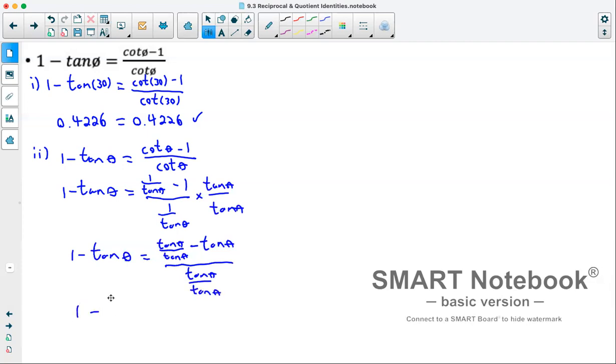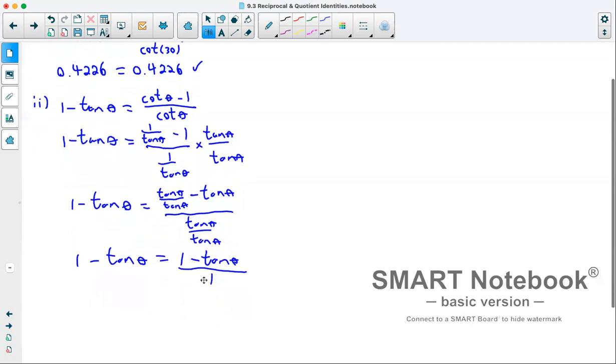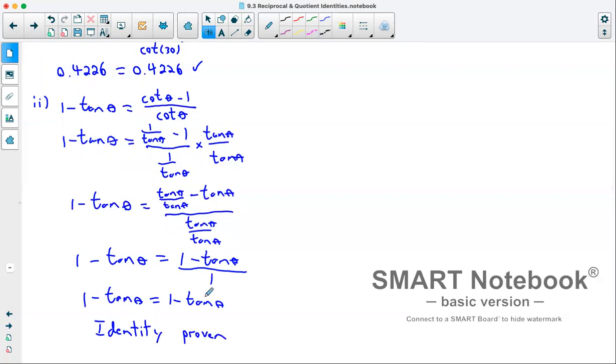So that gives us 1 minus tan theta equals tan theta over tan theta is 1, minus tan theta. Tan theta over tan theta is 1, so we can get rid of this denominator. So we've got 1 minus tan theta equals 1 minus tan theta. So we can say this identity is proven, since we ended up with the same thing on both sides.